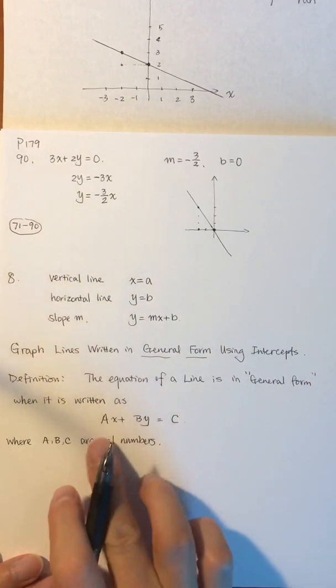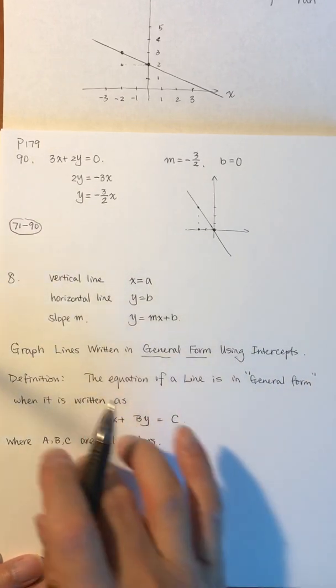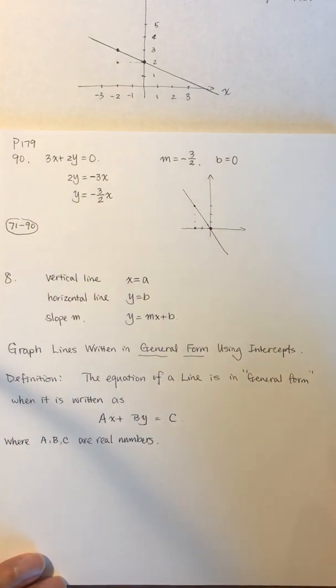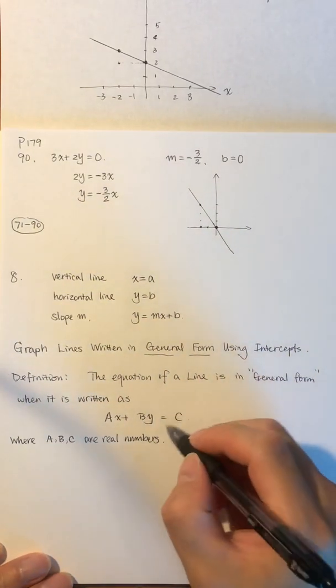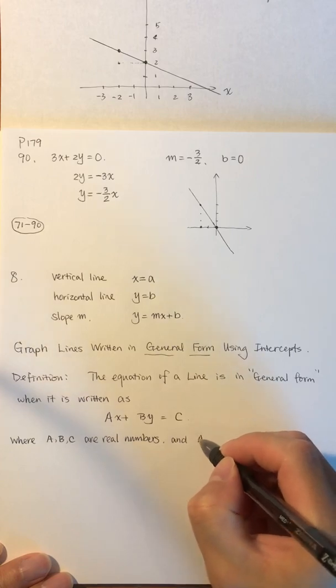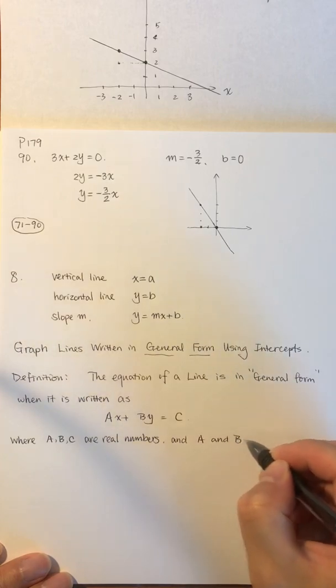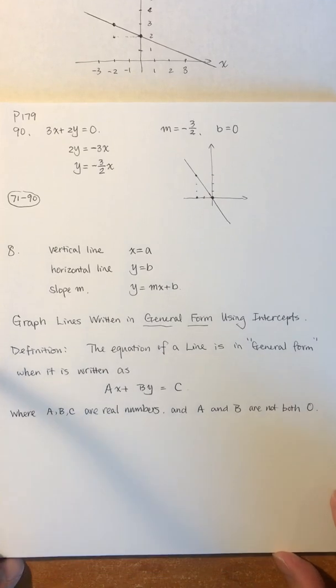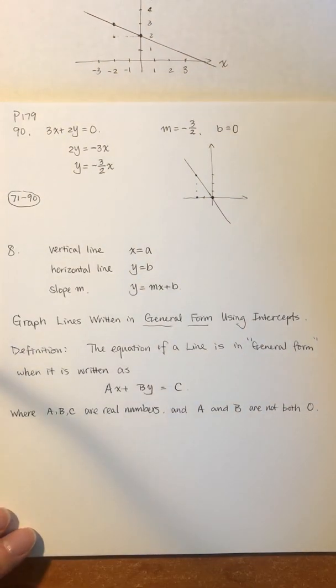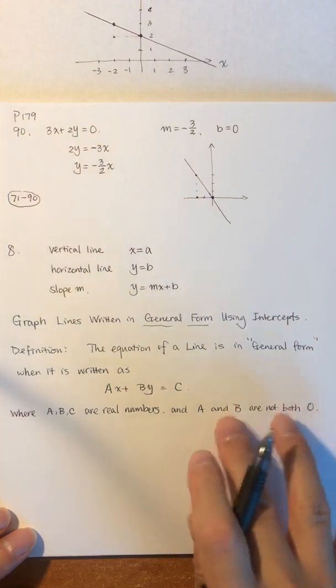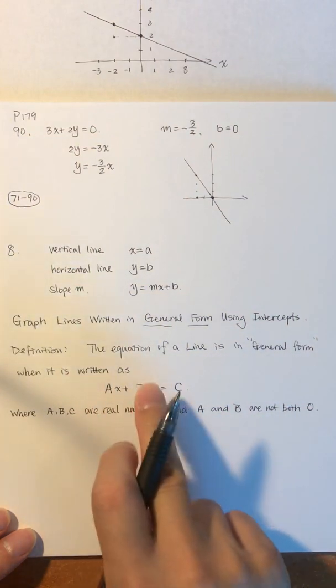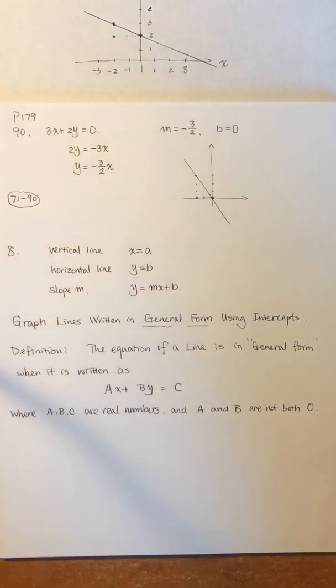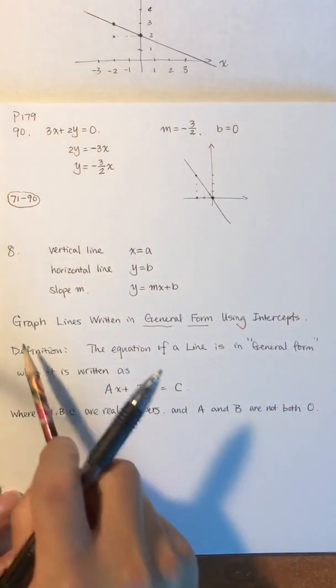And of course, if a and b are both 0, then c has to be 0. You get 0 over 0, it's nothing. So specifically, we require a and b are not both 0. You cannot get 0 together. Because in this case, if a and b are 0, this is 0 plus 0 is equal to 0, and c is also 0, right? Okay, so this is our definition.